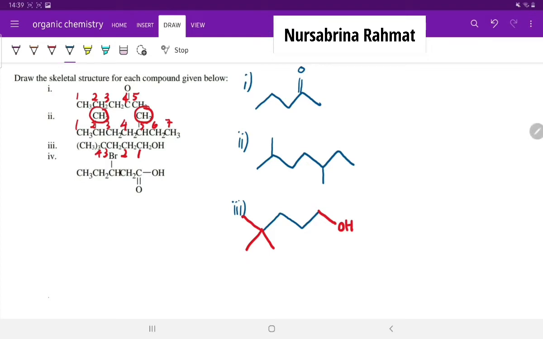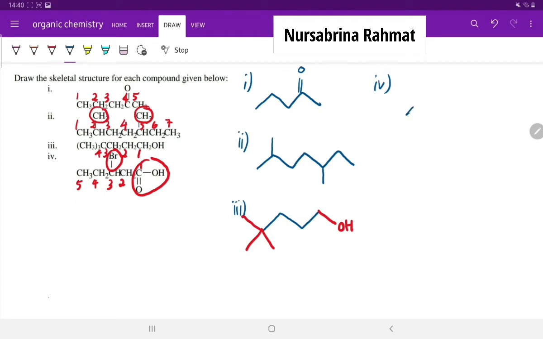Okay, let's move on to question number 4. So we have here 1, 2, 3, 4, and 5. 5 carbons with a functional group of COOH, and another one is a bromide at carbon number 3. So 5 carbons as the backbone.